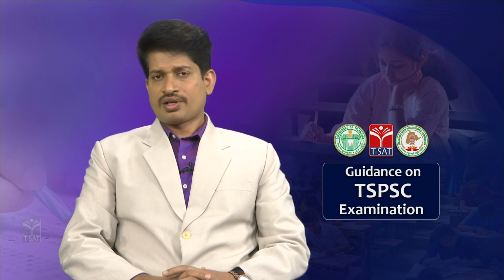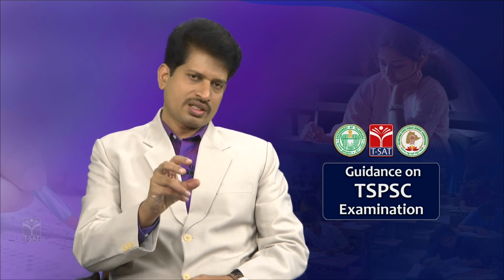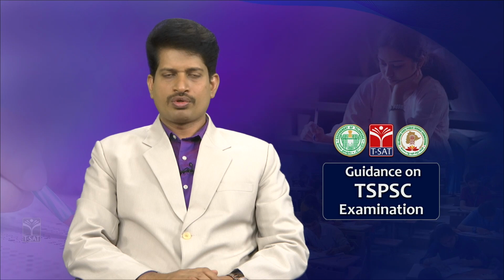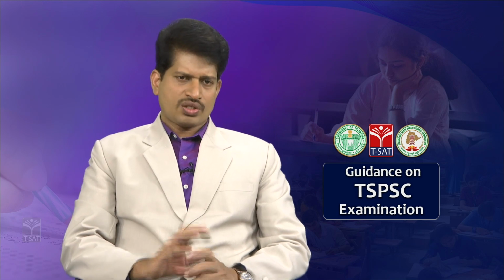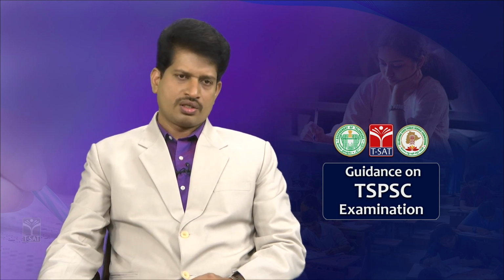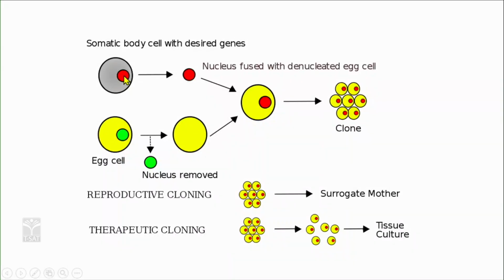Somatic cell nuclear transfer means you are selecting certain somatic cells, like subcutaneous cells or cells which have some differentiation capability. Each cell has a nucleus. See this, you have a cell and you have a nucleus. Any cell in your body contains cytoplasm and a nucleus.